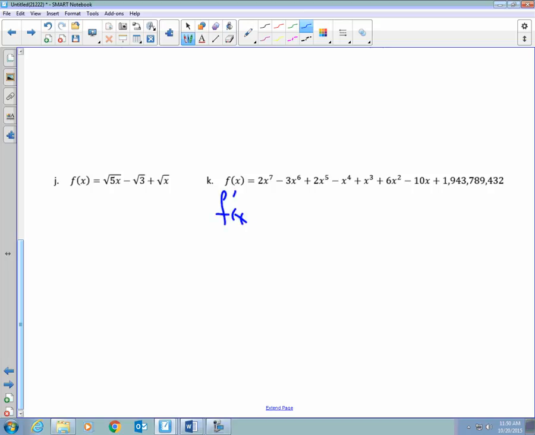f prime of x is, what's the derivative of 2x to the 7th? 14x to the 6th minus 18x to the 5th plus 10x to the 4th.